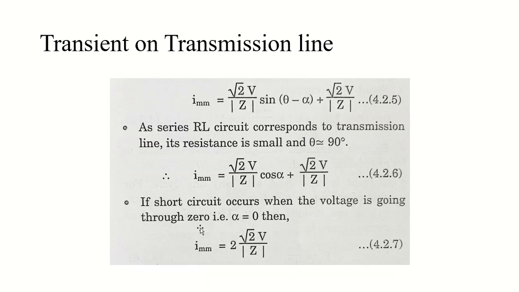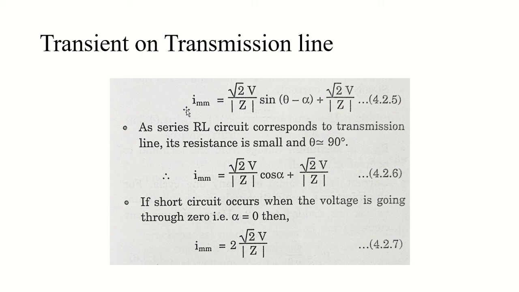So if the decay of transient current in the short circuit time is neglected, then you can write your equation of your current like this. It will be root 2 by z into V sine theta minus alpha, because we neglected the decay of transient current. So we will take plus root 2 V by Z. There is no decay we are considering, so root 2 V by Z.